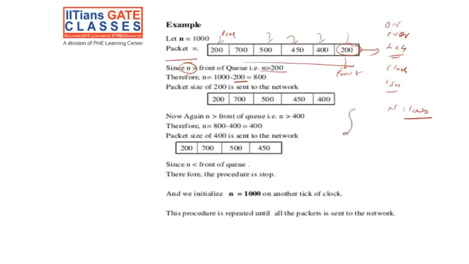Now 800 is the remaining part. The next front of the queue is 400. 800 is greater than 400, so 800 minus 400 becomes 400. Then the next check is false, so the procedure stops here.